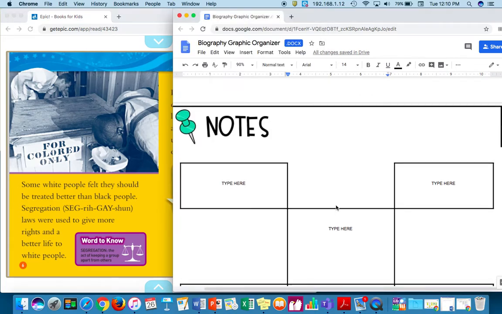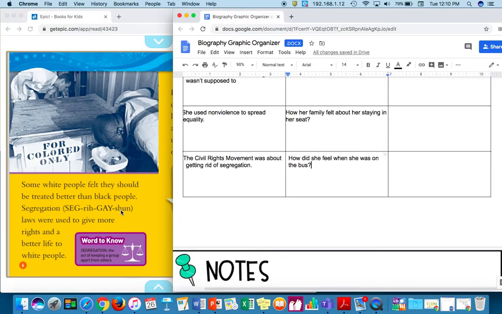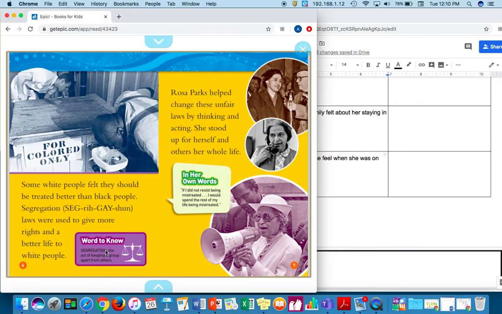So I wrote in here the word segregation, and here it's coming up again. If you don't know the word segregation, it means the act of keeping a group apart from others. Rosa Parks helped change these unfair laws by thinking and acting. She stood up for herself and others her whole life.